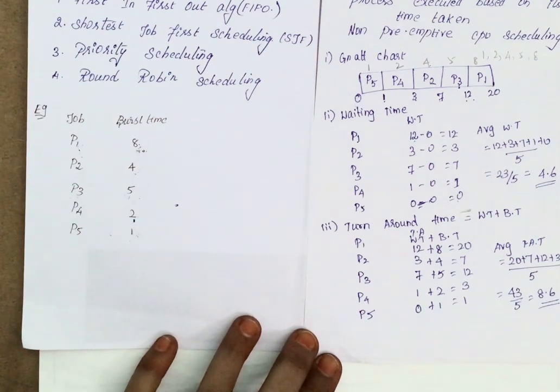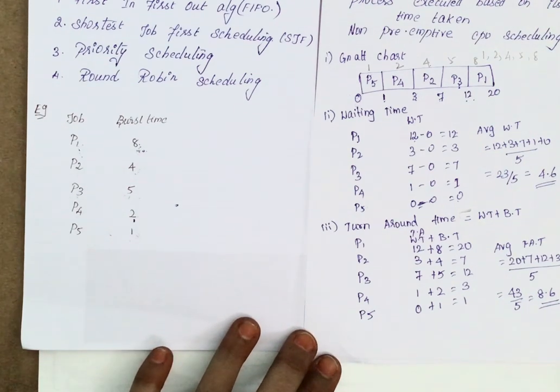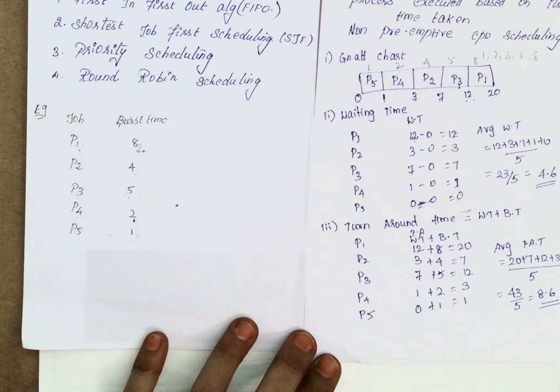So shortest job first means the process with the least time taken to complete is first considered and sent for execution. The main thing is that it is non-preemptive. In any situation the process does not get stopped.